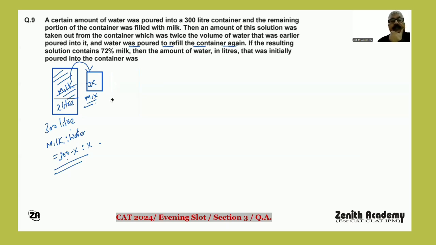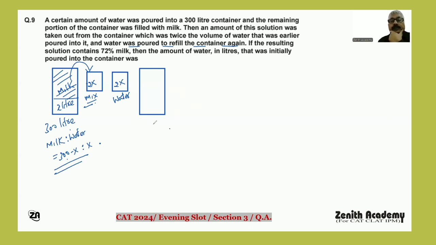What do you do next? You had taken out 2x liters of mixture, and now you replace this 2x liters of mixture with 2x liters of water. So when you pour this 2x liters of water in it, the quantity again becomes 300 liters in this container. So the mixture quantity is 300 liters.